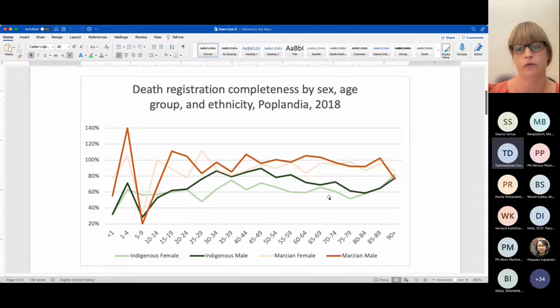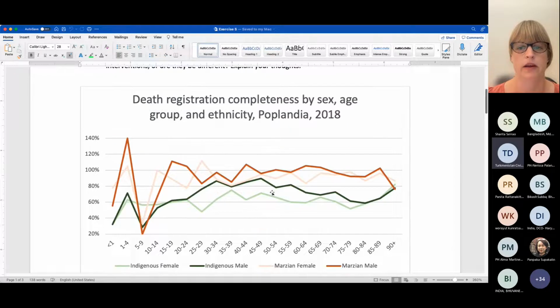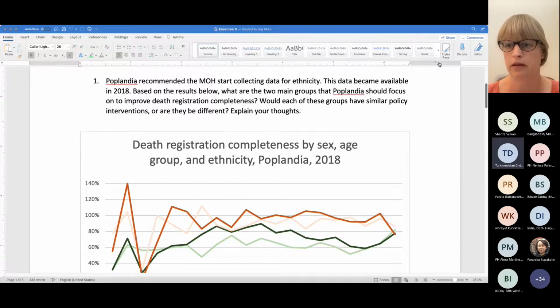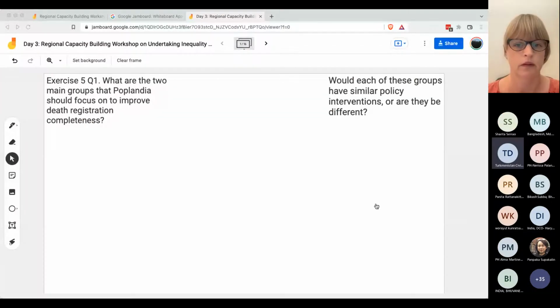If you could only have two key takeaways, who would you focus on and why, and maybe what are some of the policy interventions? We have it set up on the Jamboard, so let me share that real quick. Okay, so the first slide here we see on the Jamboard.